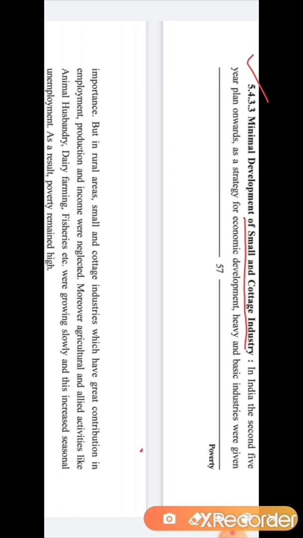So labor intensive industries create employment opportunities in our country, and small scale and cottage industries are such industries which use labor for production. So small scale and cottage industries provide more employment opportunities, but development of such industries was less. Now let's discuss this point in detail.